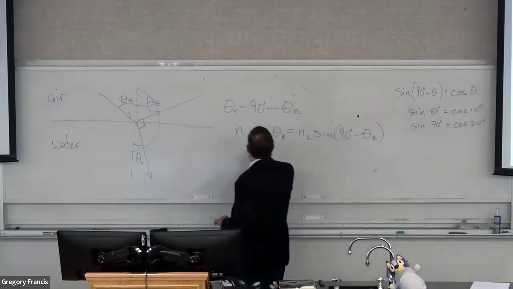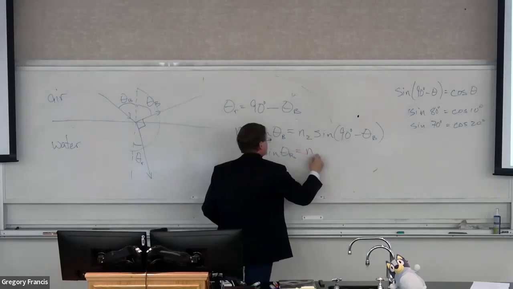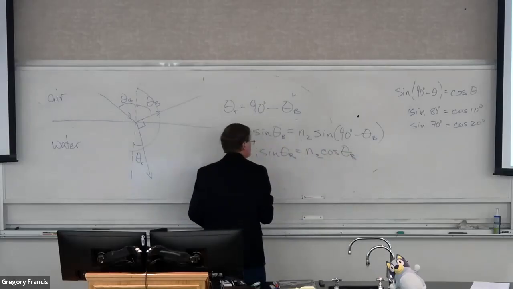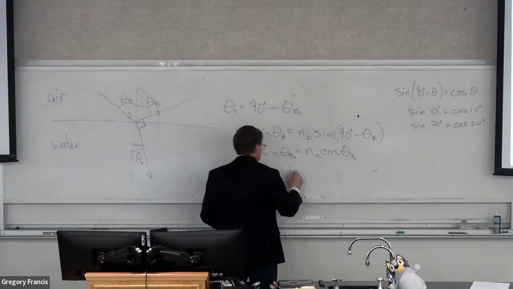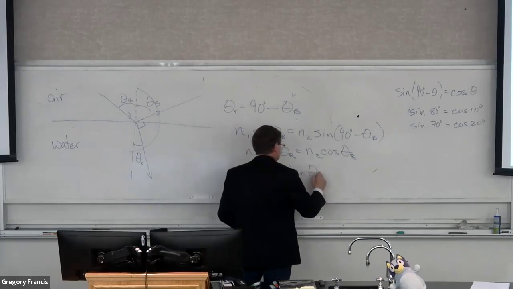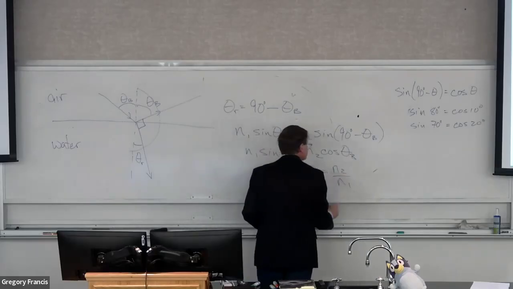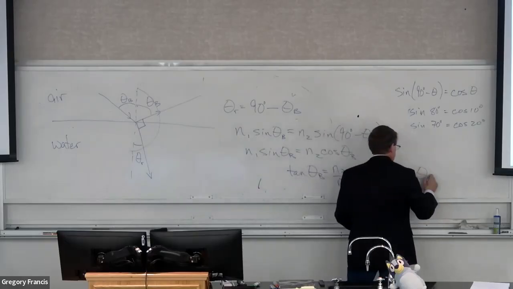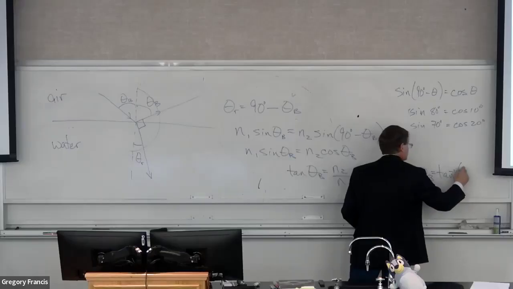So I can write this as N1 sine of the Brewster angle is equal to N2 times the cosine of the Brewster angle. If I divide both sides by the cosine of the Brewster angle, I get the tangent of the Brewster angle is equal to N2 over N1. And that's going to give me the formula that will be on the front page of your exam. The Brewster angle is the inverse tangent of N2 over N1.